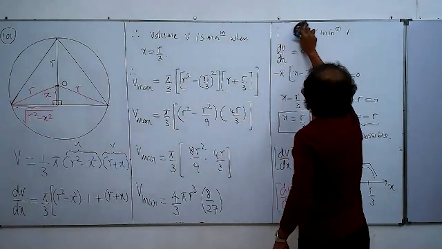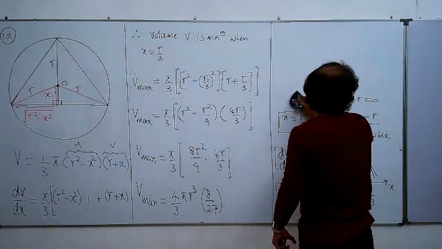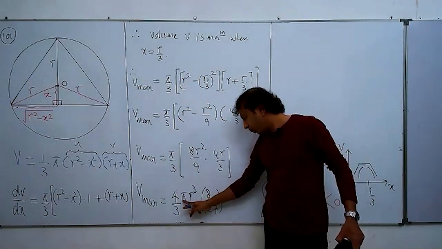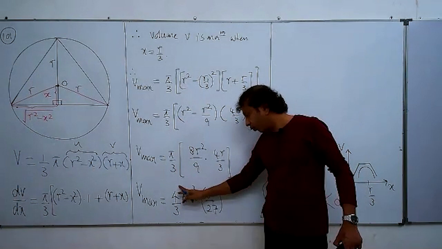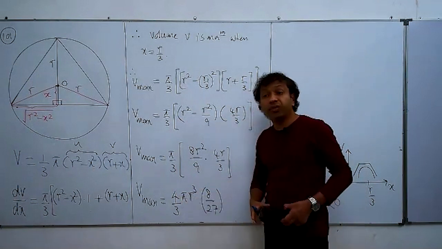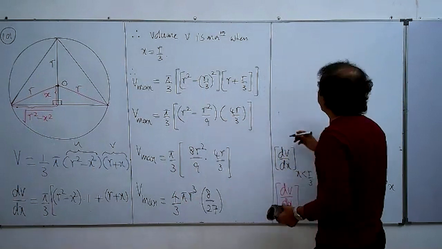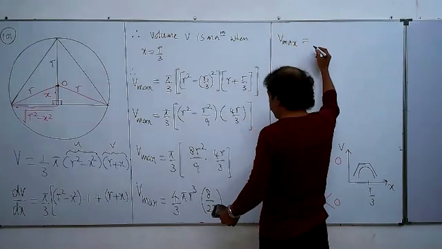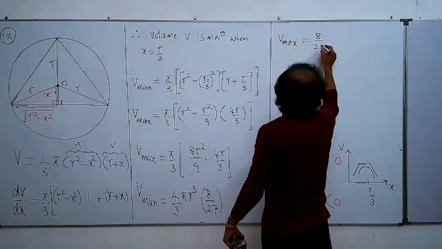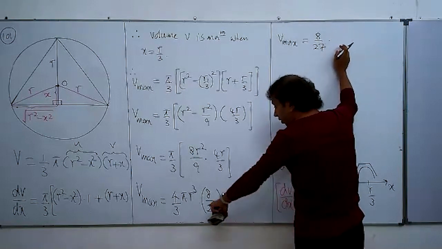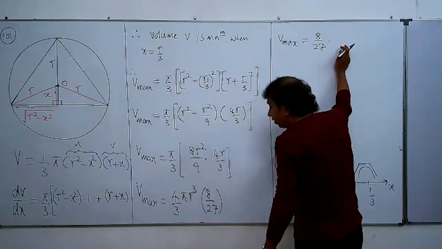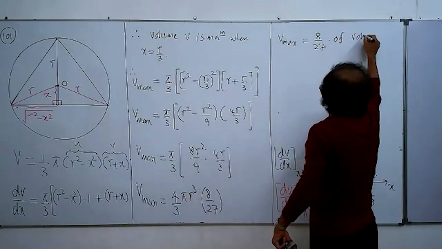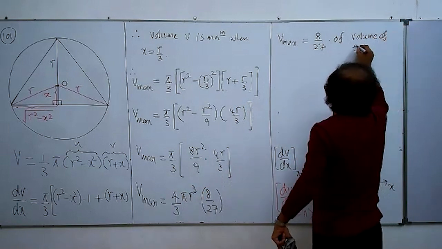People, when you look very carefully at that, you can see, what is this? 4 by 3 pi r cubed. It is the volume of the sphere. So therefore, we can write the maximum volume of the cone is 8 upon 27 multiplied by 4 pi r cubed by 3, and 4 pi r cubed by 3 means the volume of the sphere.